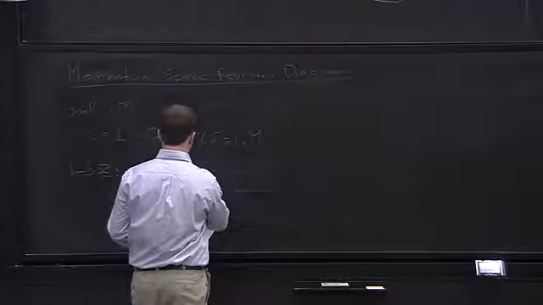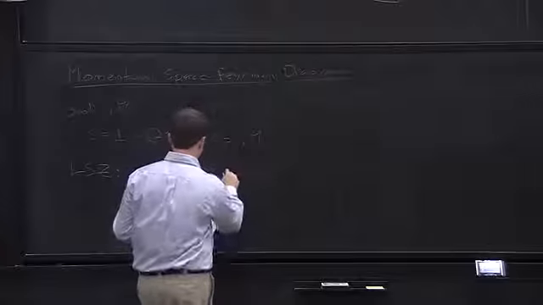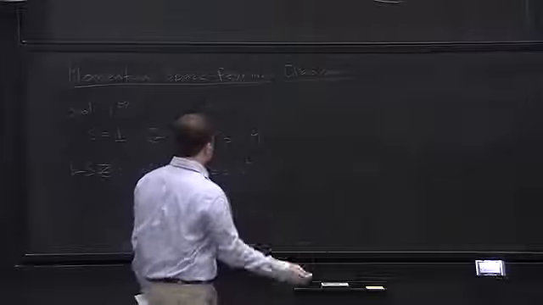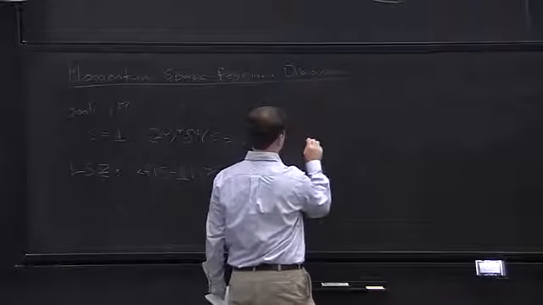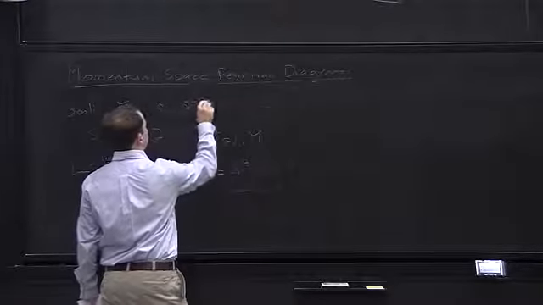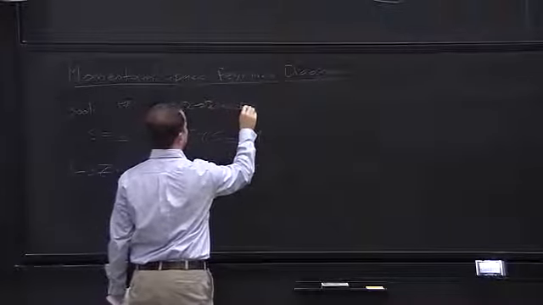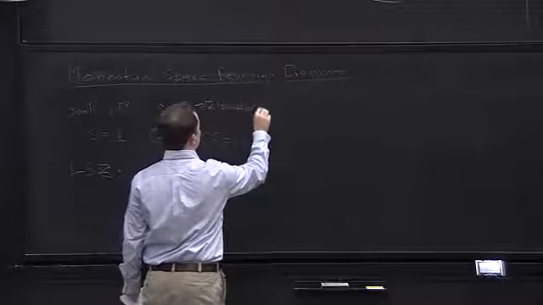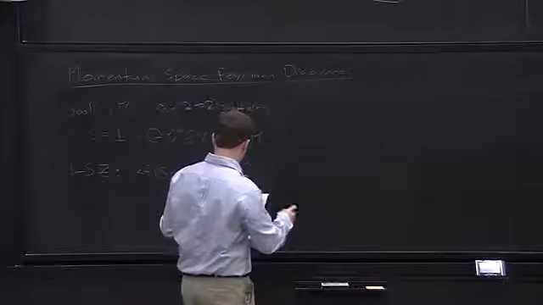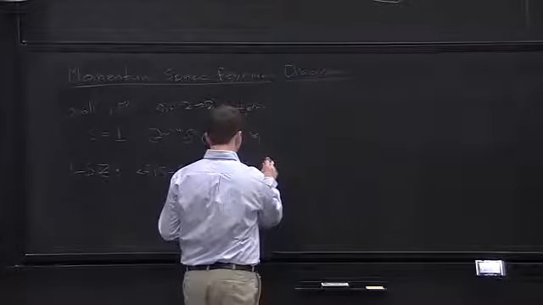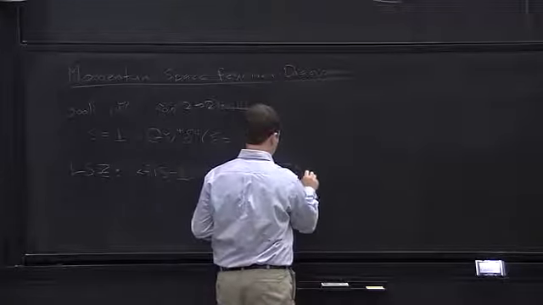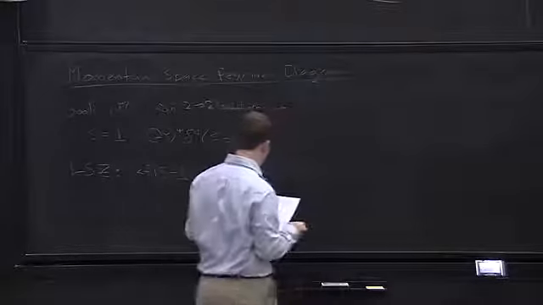And so the LSZ formula tells us that, and we'll consider 2 to 2 scattering, just for simplicity, not much of what we'll do will depend on that. The simplest interesting case. So we've got an integral over the space-time position of each of our points.